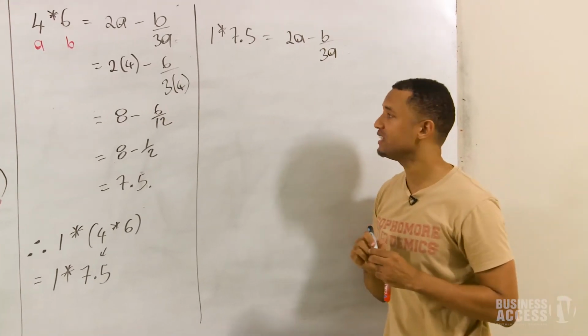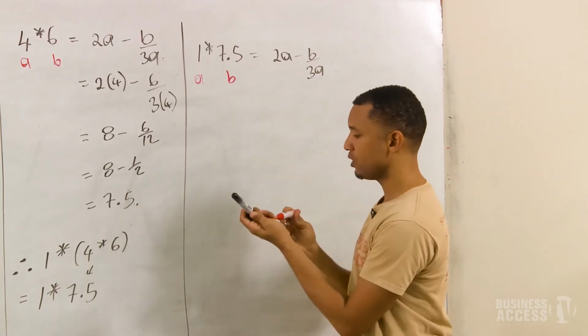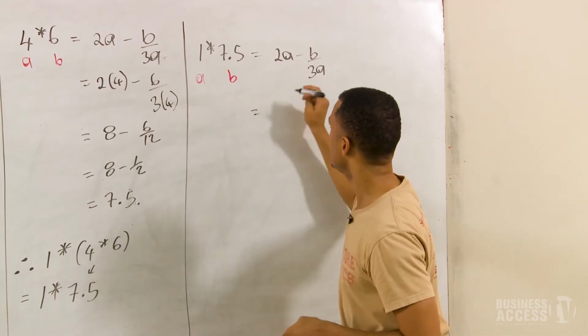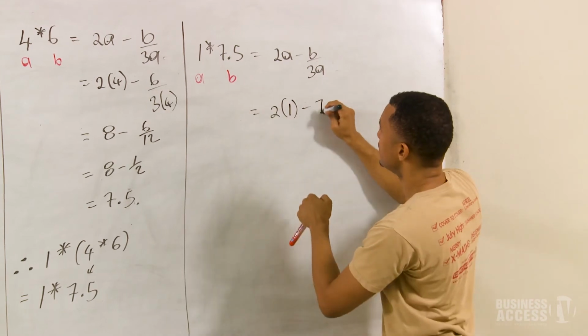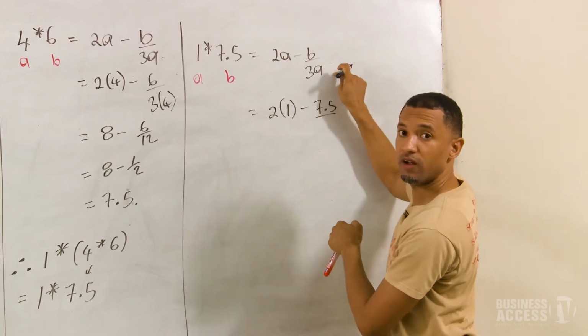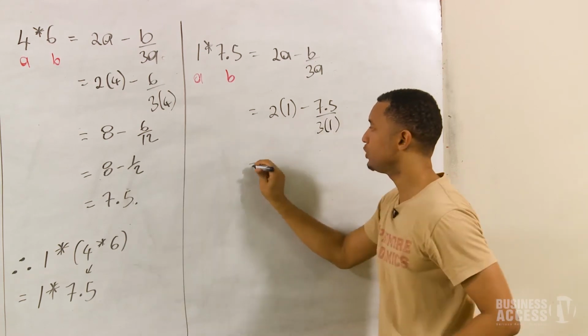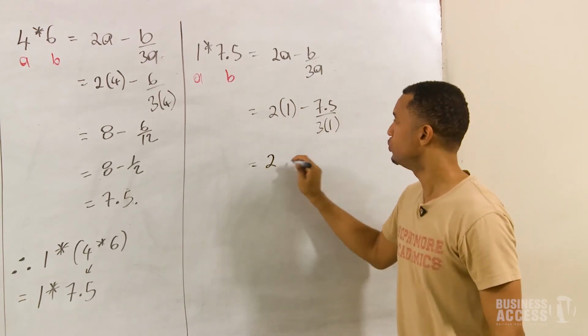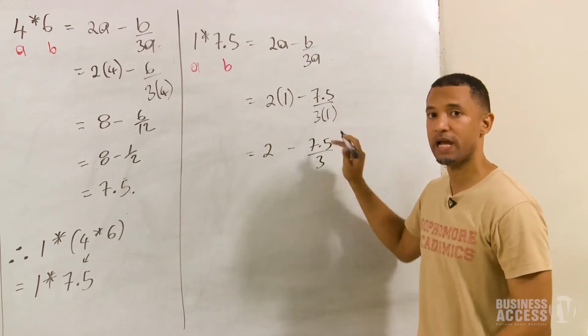All right, ladies and gents, so we just substitute. That's our A value, that's our B value: 2 times A, which is 1, minus B, which is 7.5, over 3A. 2 times 1, ladies and gents, 2, minus 7.5 over 3, because 3 times 1 is 3.